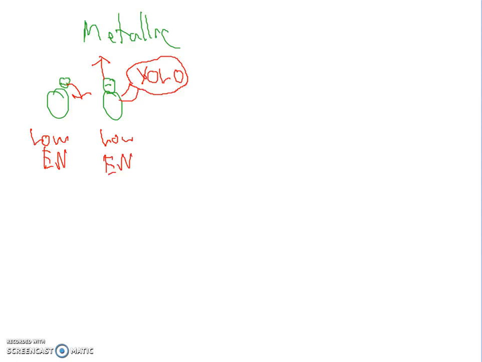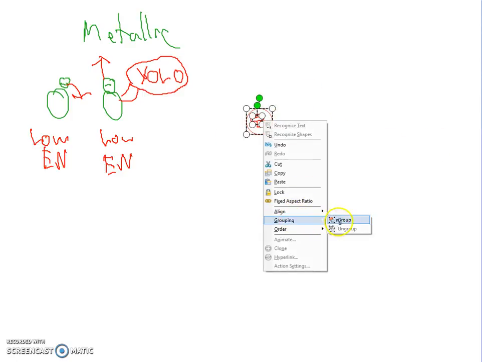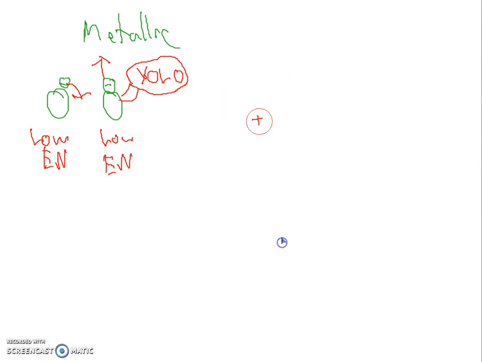And so what you get is a whole bunch of cations, because now the metals have lost their electrons, so they're positive. So you just get a whole bunch of these, right? And they don't have to be lined up.